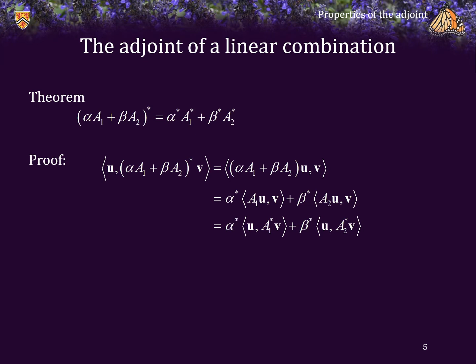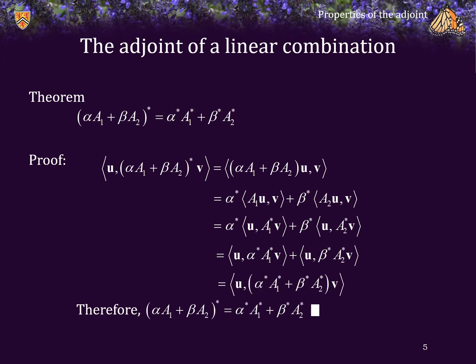Now the inner product is linear in the second argument, so we can just bring the conjugates of the scalars into the second argument. And from the properties of the inner product, that equals this, and consequently we have proved our theorem.